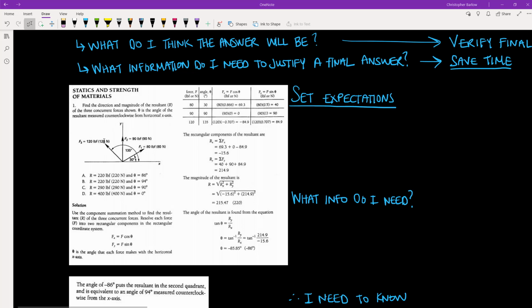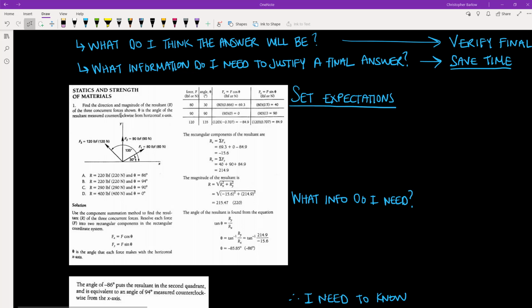And finally, this force F3 with an angle measured from the horizontal positive x-axis of 135 degrees and a magnitude of 120 pound force. And so that is our setup, and we have four possible answers down below.